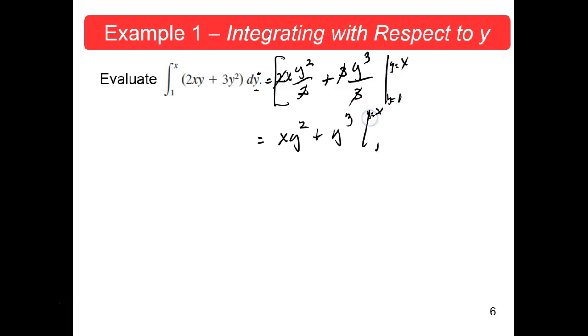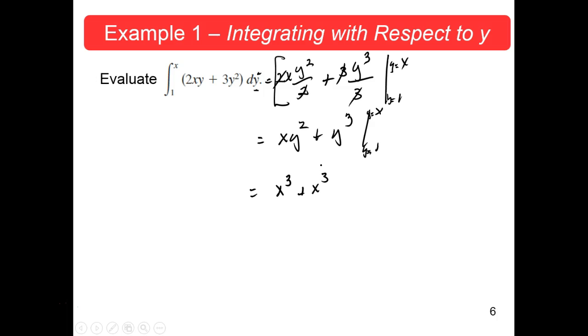So when y is equal to x, this would be x times x squared, which is x cubed, plus y cubed, which is x cubed.